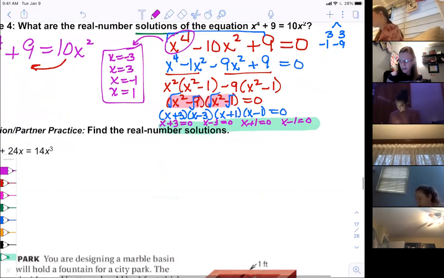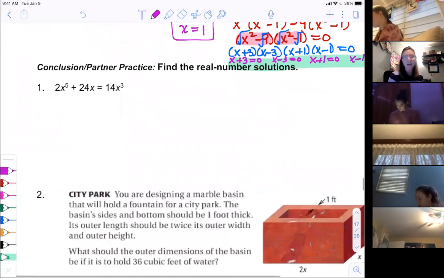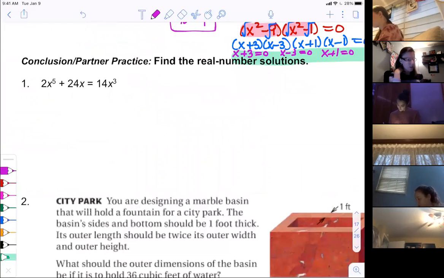So we're going to stop with this last problem here. We'll do one more factoring problem. And then I guess we'll save the word problem for tomorrow. So see if you can find the real number solutions. That just means we want to find the answers. We want to solve for x. To do that, we need to factor.